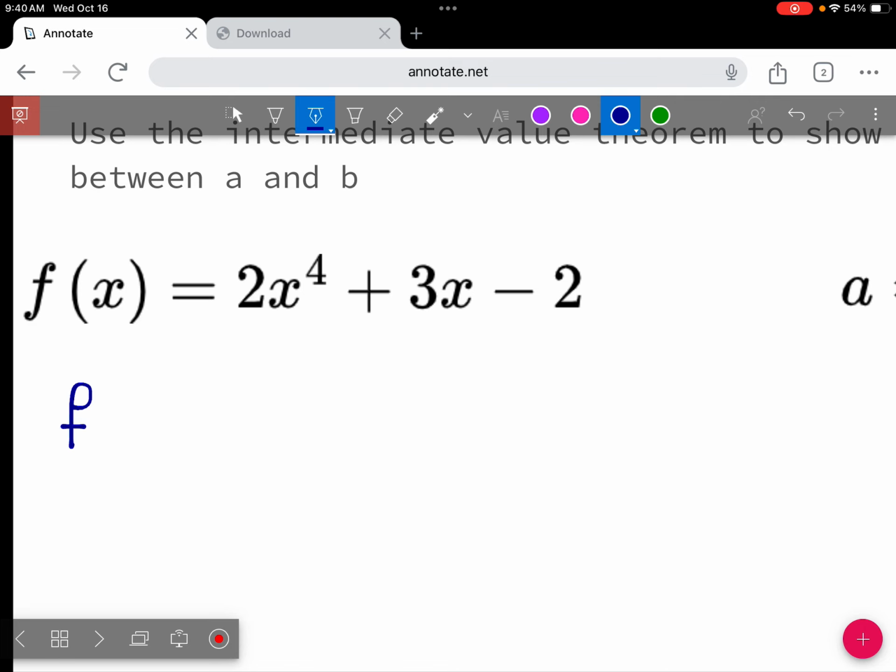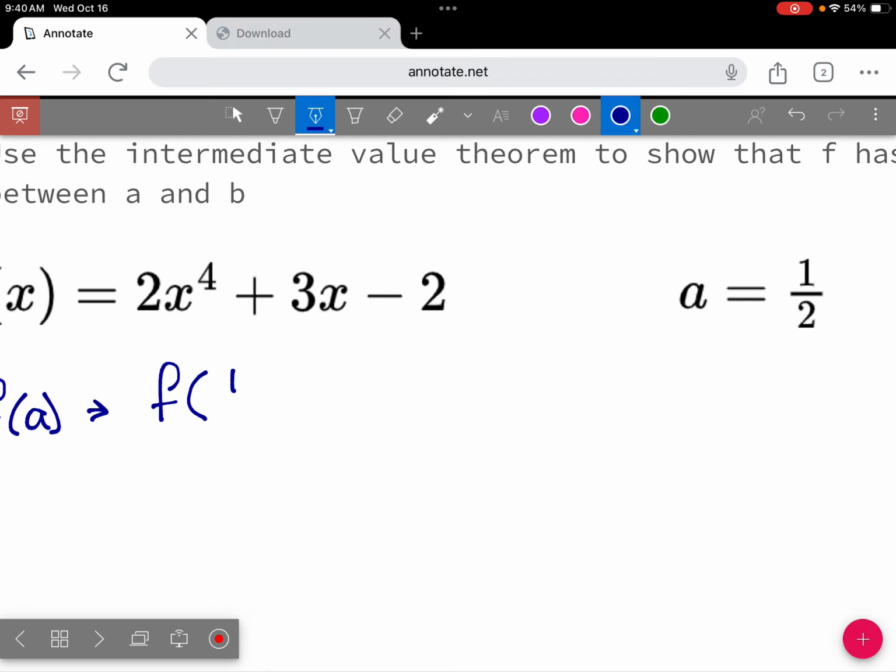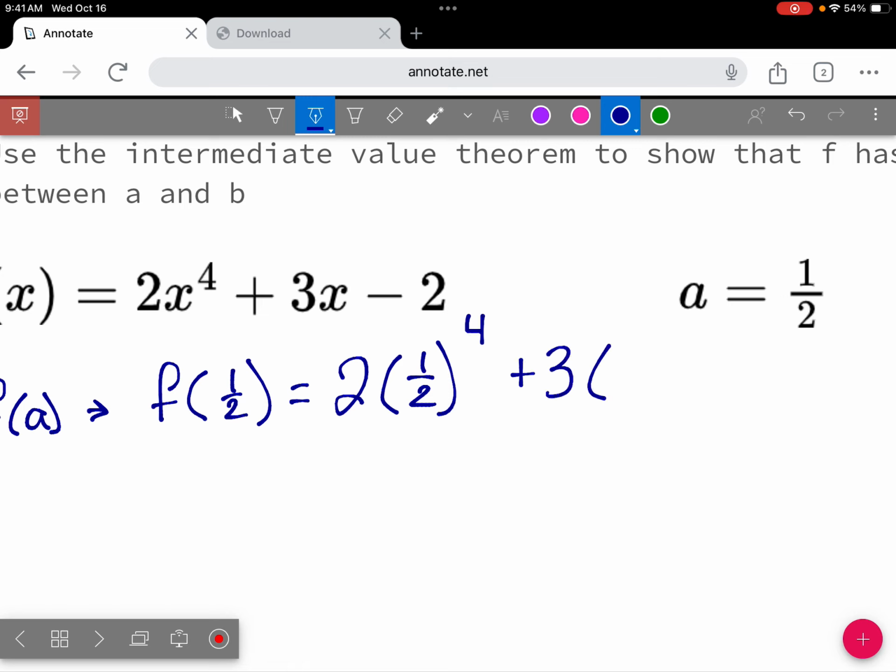So f of a, we're going to do our f of 1/2. That's going to be 2 times our 1/2 to the 4th plus 3 times 1/2 minus 2.